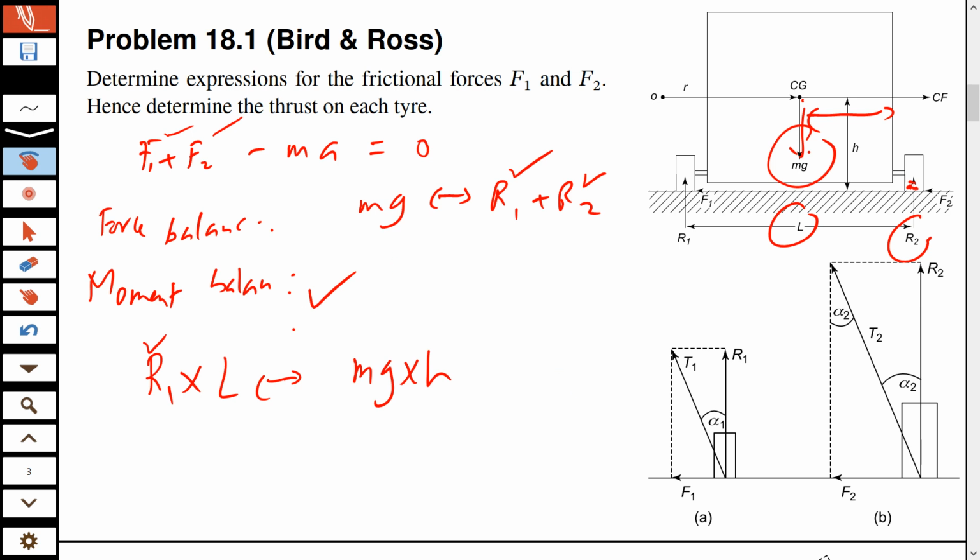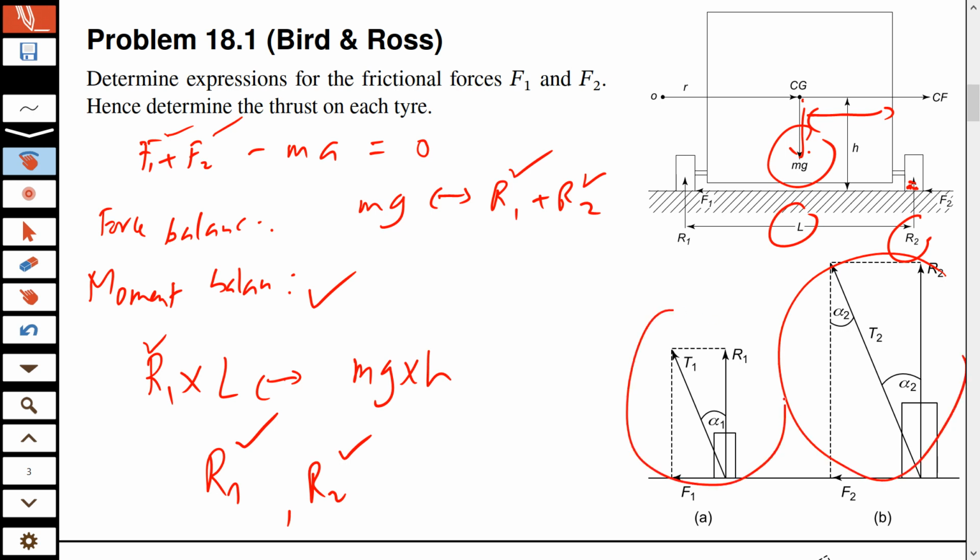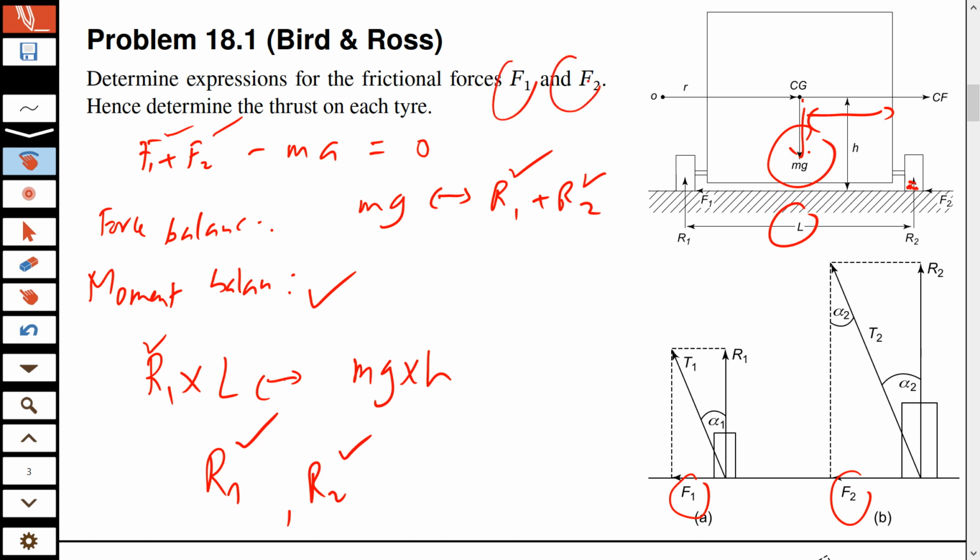Of course, when you solve these moment equations for R1 and R2, let's say I know R1 and I know R2, okay? So now these two diagrams will then help you to combine R1 and R2 with force 1 and force 2, and of course you will have expressions for F1 and F2, okay?